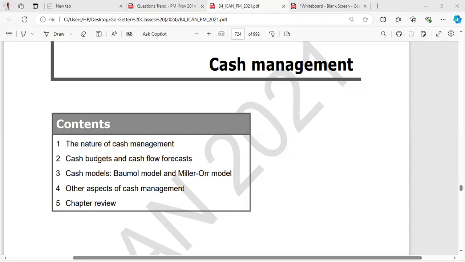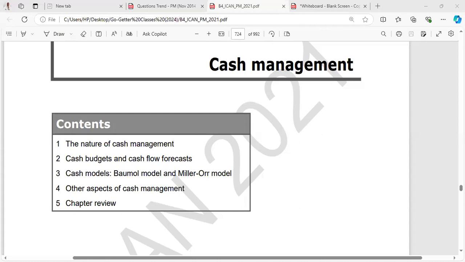So, cash management is a part of working capital management. When we say working capital, we mean those current assets and the current liabilities. So if you say net working capital, we mean current assets minus current liabilities.